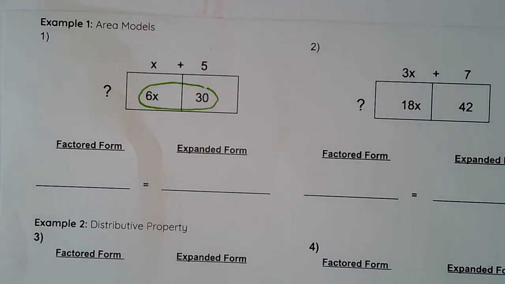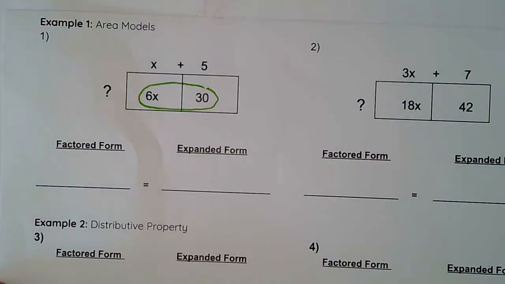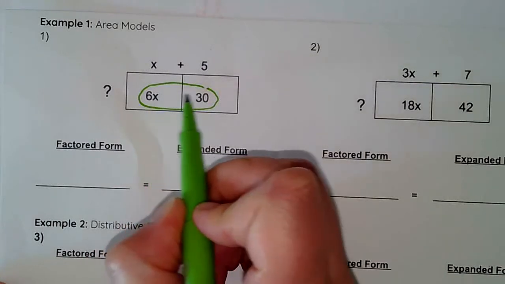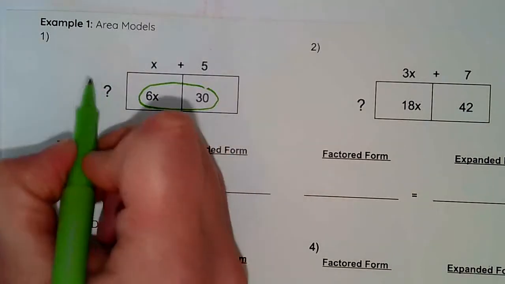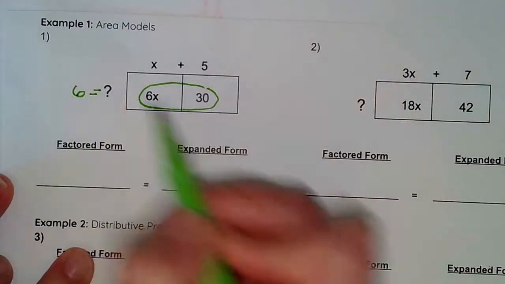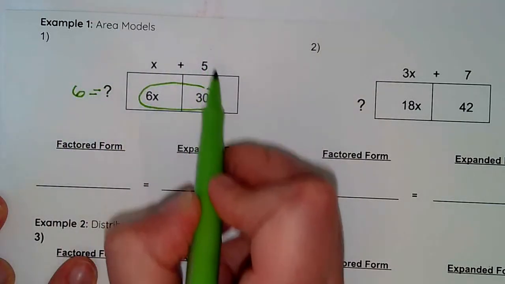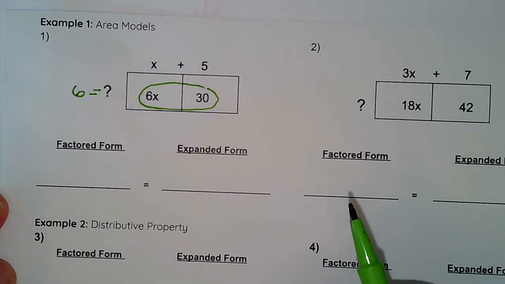Well, they both have the term 6. 6 times 1 is 6, and 6 times 5 is 30. So if I were to pull out that 6, it could be multiplied to x and to 5 to get us this 6x plus 30. Let's give it a try.